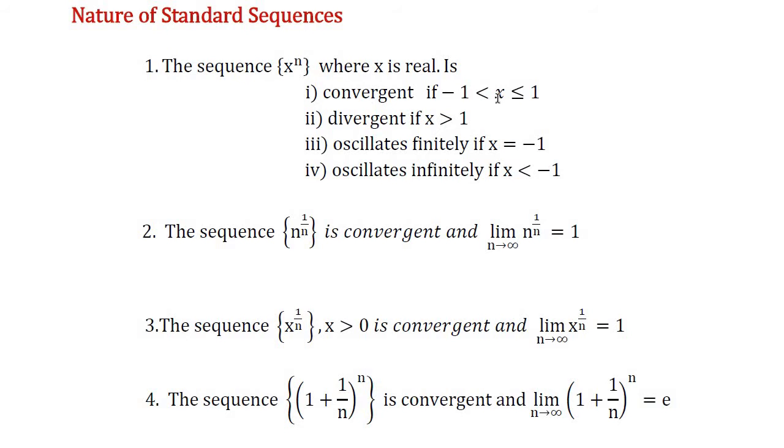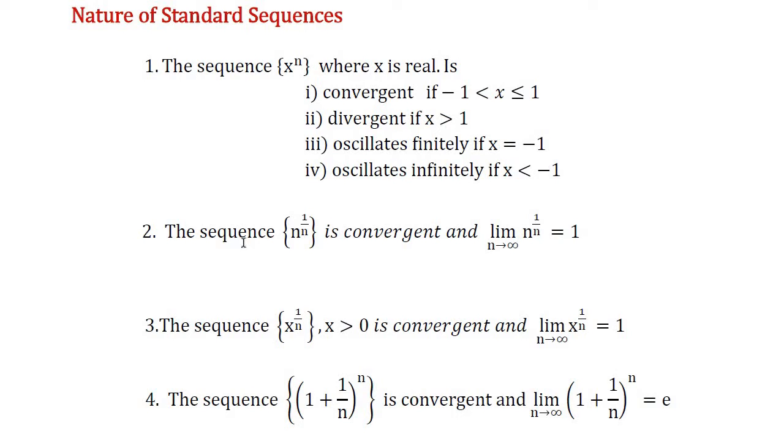If the value of x is greater than -1 and less than or equal to 1, then the sequence is convergent, and if x is greater than 1, the sequence x power n is divergent. If x is equal to -1, then the sequence x power n oscillates finitely, and if x is less than -1, the sequence x power n oscillates infinitely.